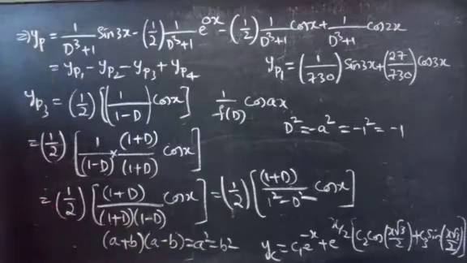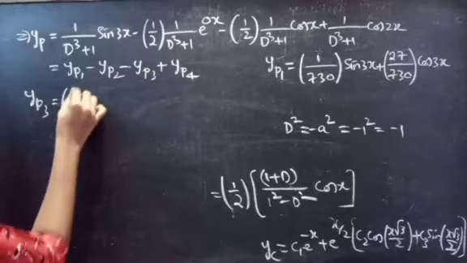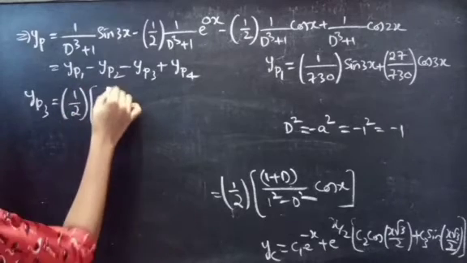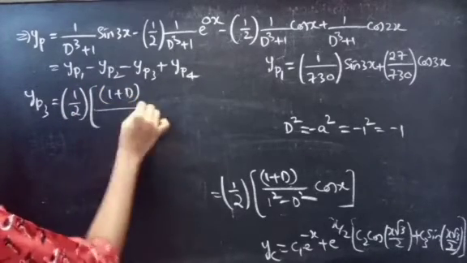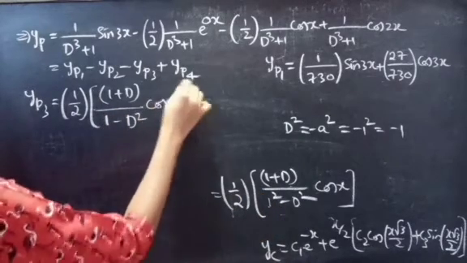Right? Now we are having yp3 equals 1 by 2 into 1 plus d by 1 square, which is 1 minus d square, into cos x.